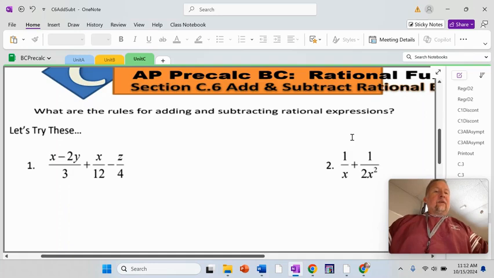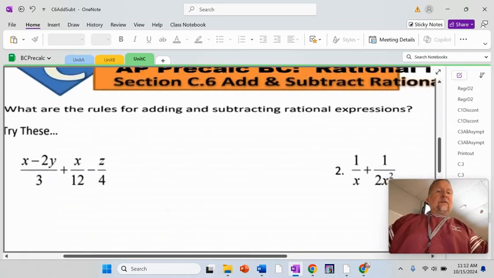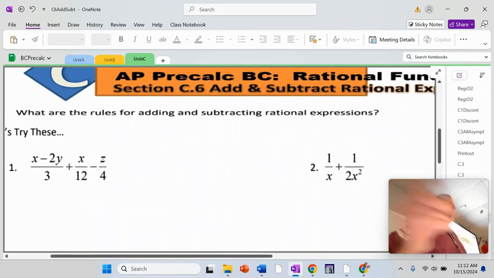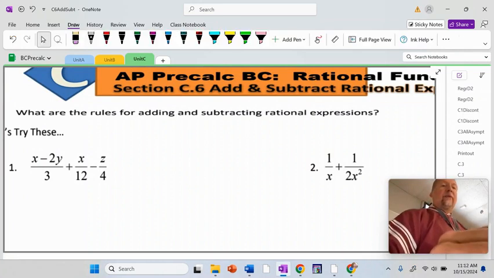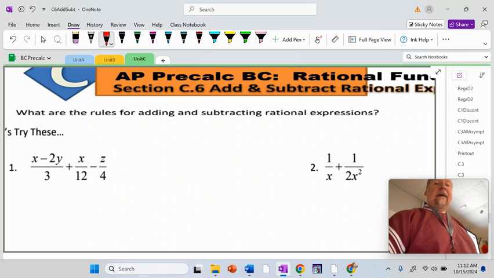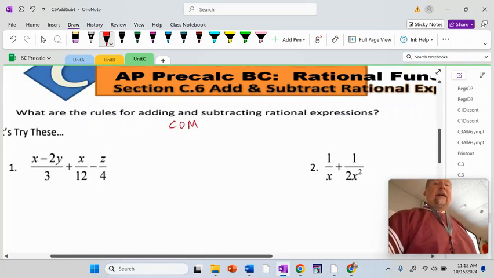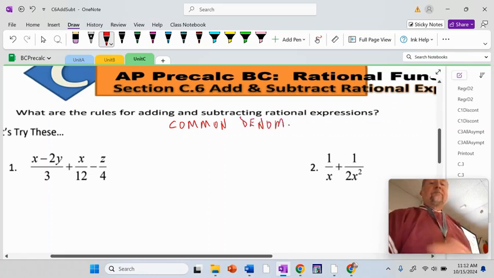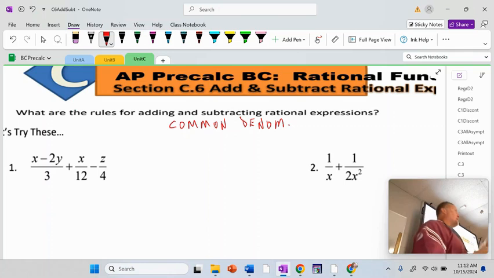And these notes, I really condensed them. What are the rules for adding and subtracting rational expressions? What's the number one thing we have to do? We have to get a common denominator. I'm not stepping this out; I'll step it out down here. I wanted to condense the notes so it was 1 page of notes, flip it over, 1 page of homework, saved 39 pieces of paper.